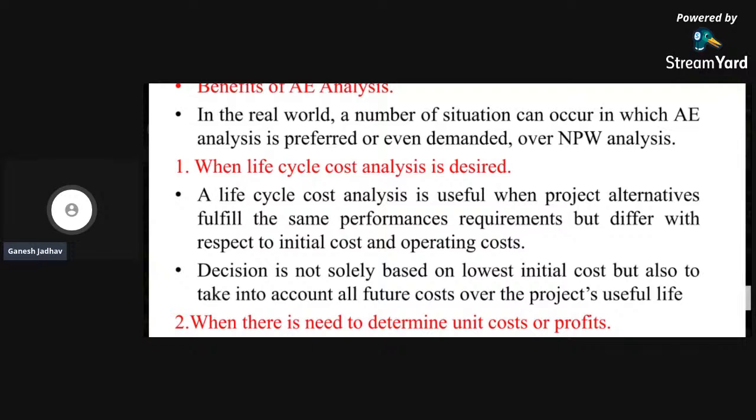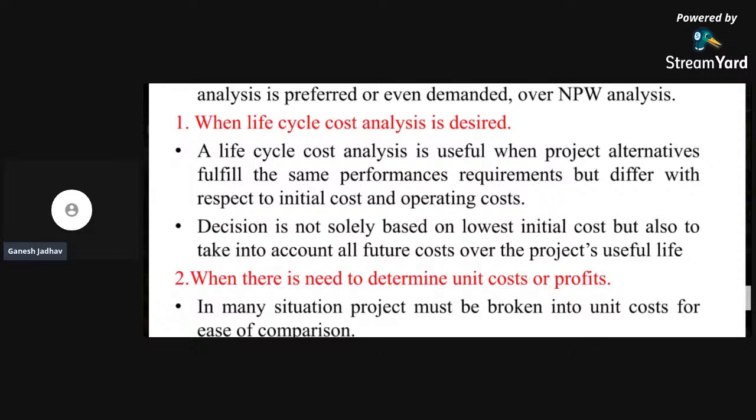Okay, so whatever they say that your package is annually 4.5, so that time you have to invest 4.5. So whenever you get the money, you have only the 4.5 as per that particular annual amount. Okay, so this is useful whenever the life cycle cost is desired.